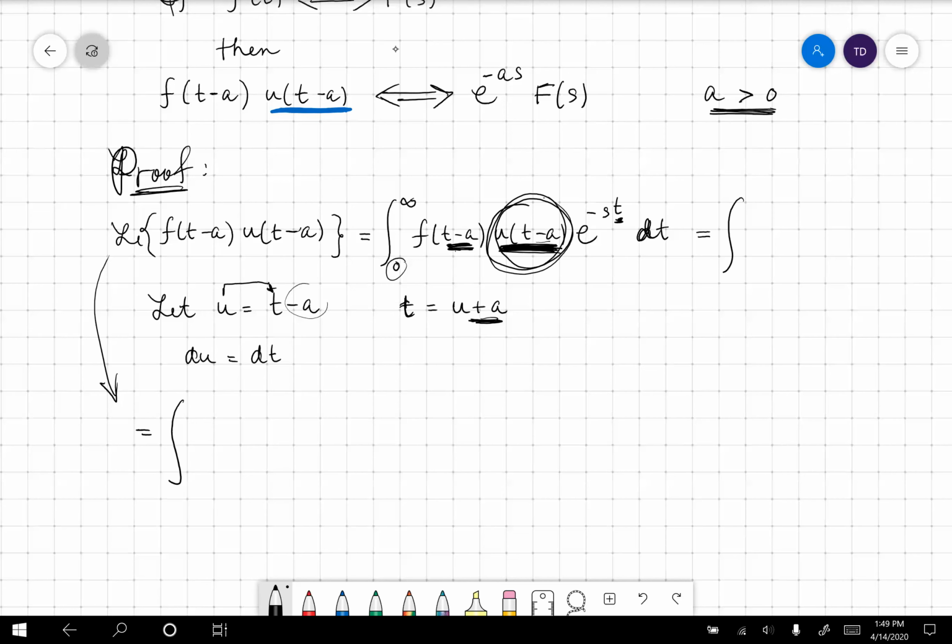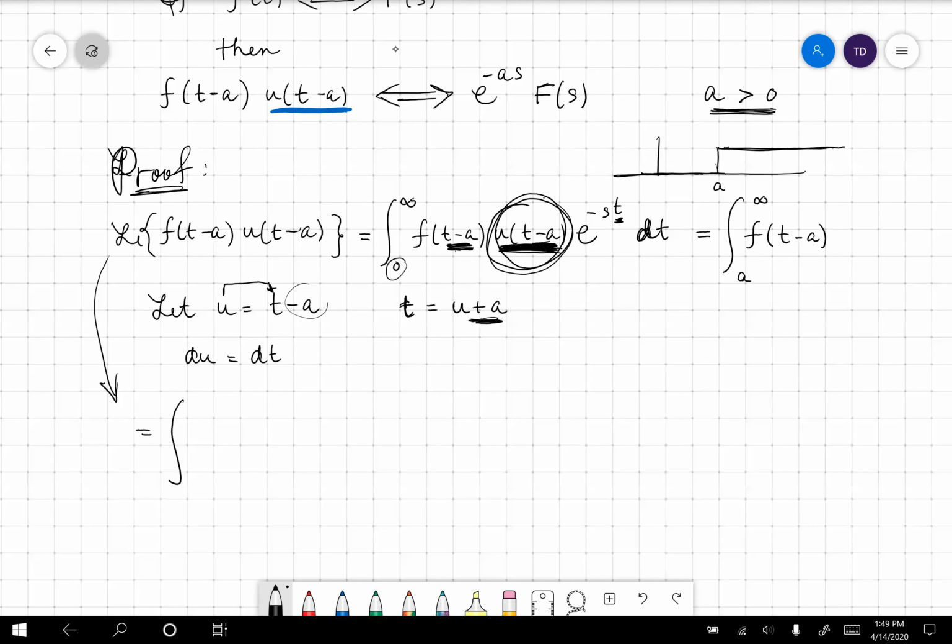Almost. Look inside here: u of t minus a, and a is a positive value. So it shifts it to a. So this function is 1 from a to infinity, correct? Yeah. Okay, so from a to infinity, now I'm going to get rid of the u of t minus a.